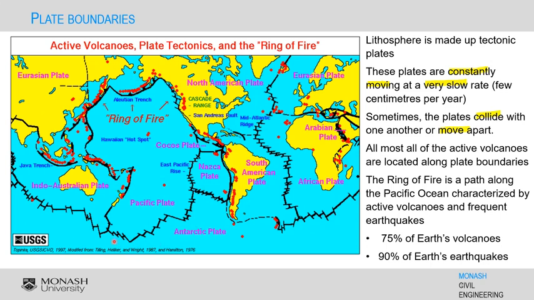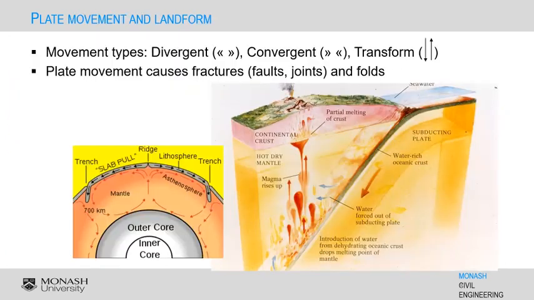The Ring of Fire is a path along the Pacific Ocean characterized by active volcanoes and frequent earthquakes. 75% of Earth's volcanoes are located along the Ring of Fire. 90% of earthquakes occur along its path.